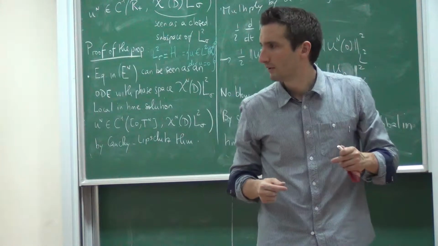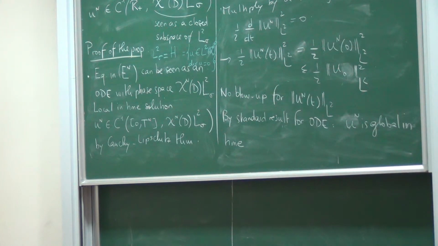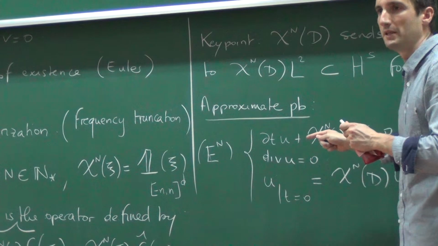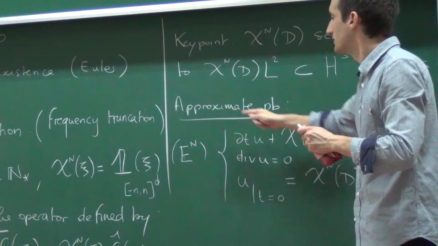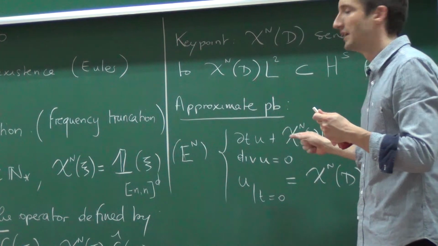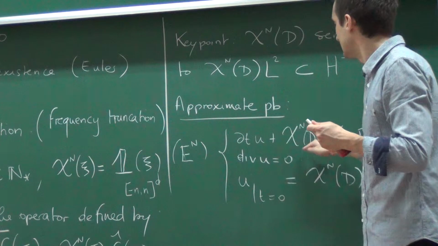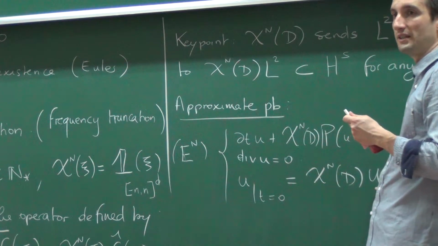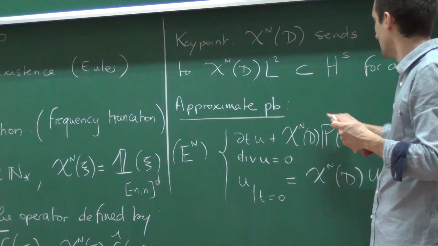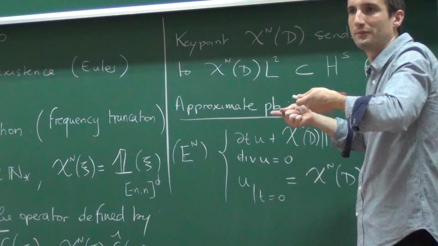How did we get EN from E? Oh, you have to think of it, we did not deduce it from E. It's an approximation of E. So I just added this, and I just added this on the initial condition. So it's kind of a different system, which looks close.